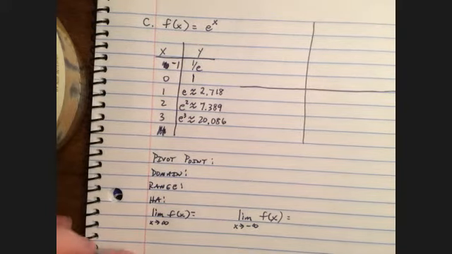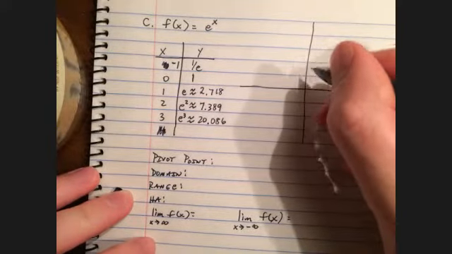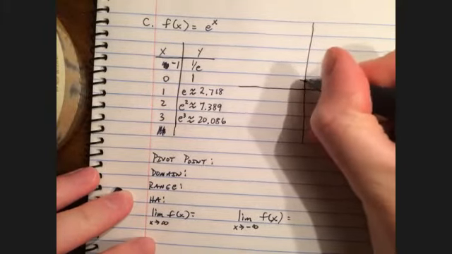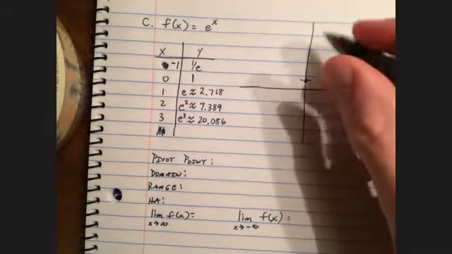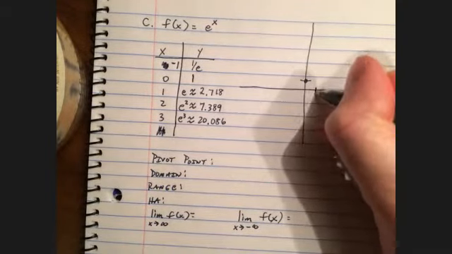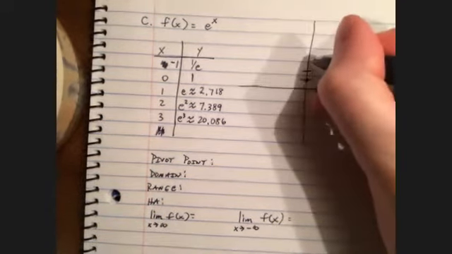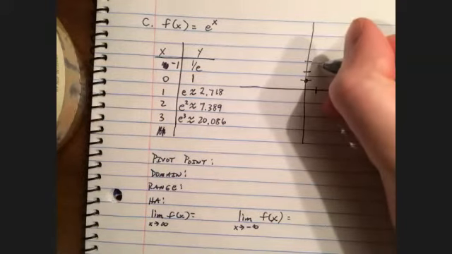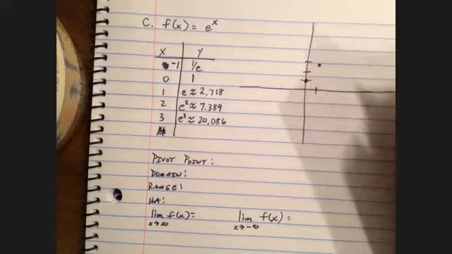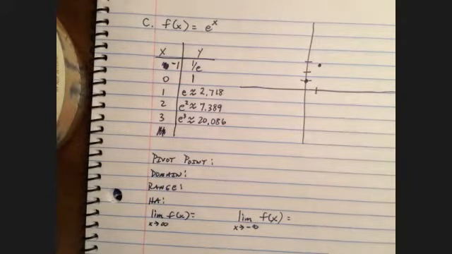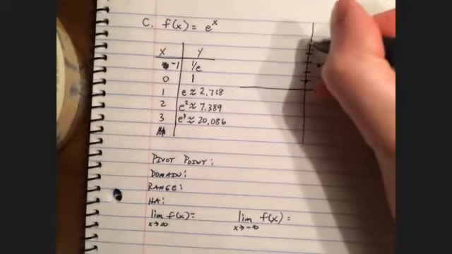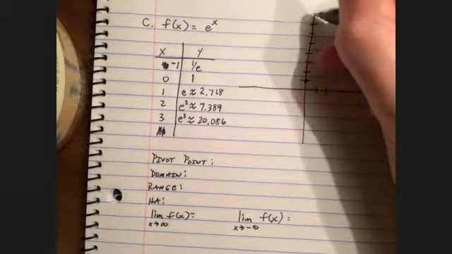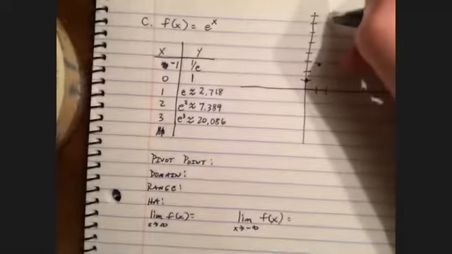So just do the same thing we did earlier. 0, 1 is an important point. And then we have over here at 1, e, so roughly 2.718 in there. Okay, and then 2, so we can fit that in there. I'll go a little higher here. Is it 7.3?